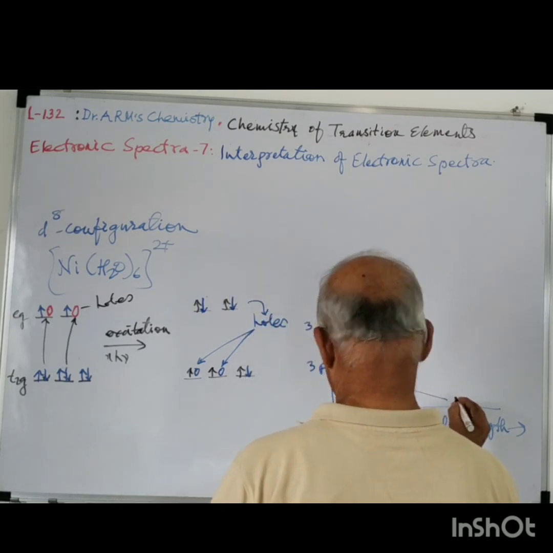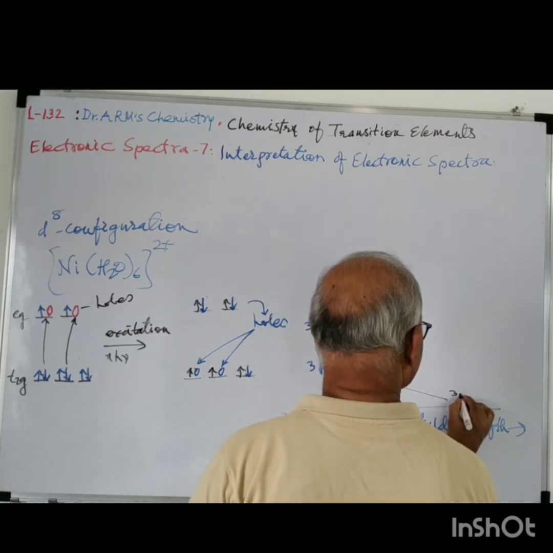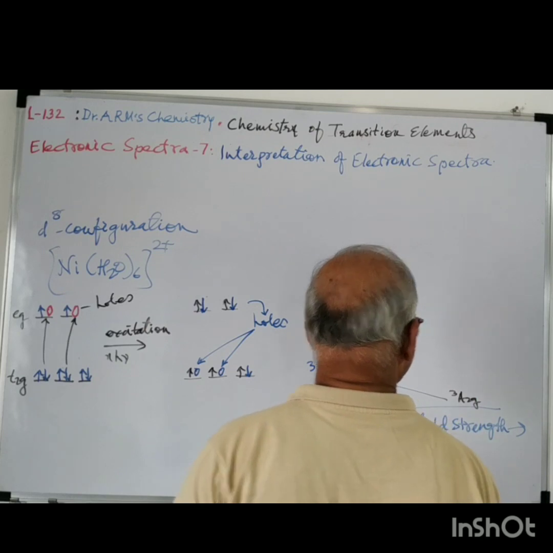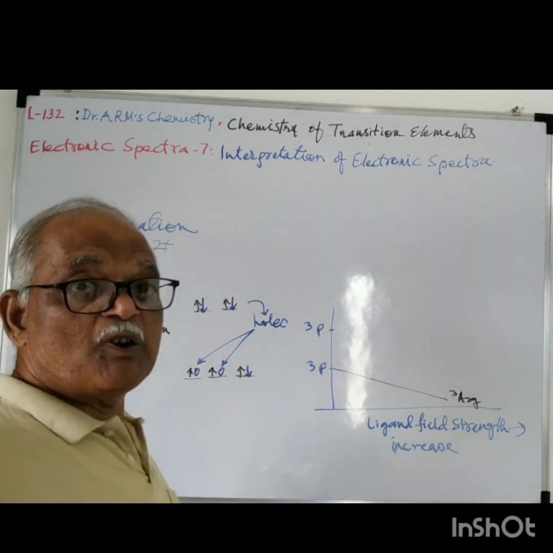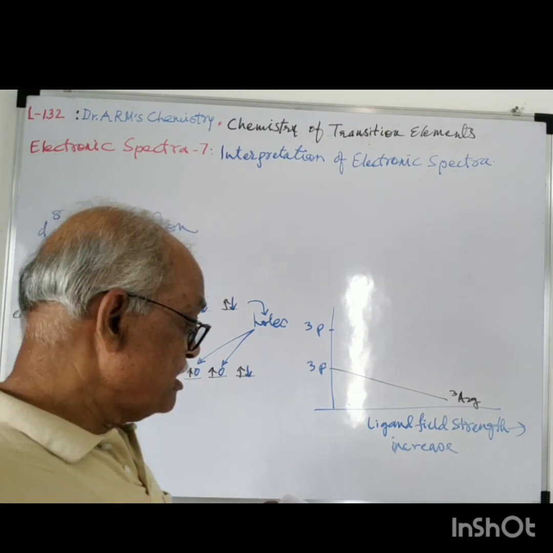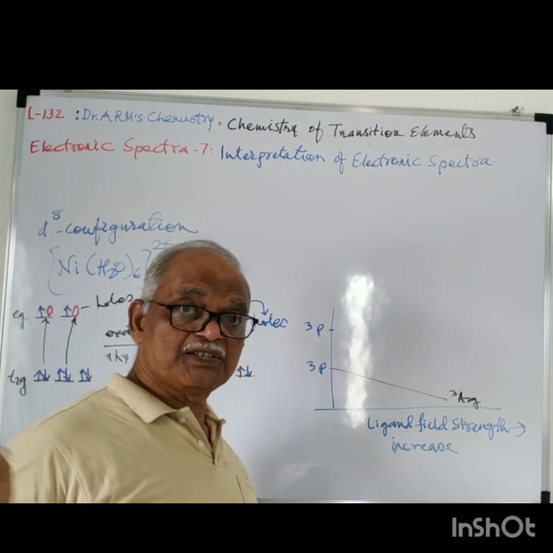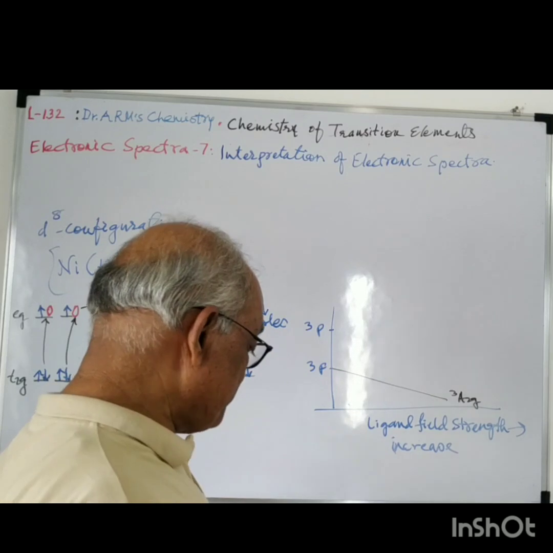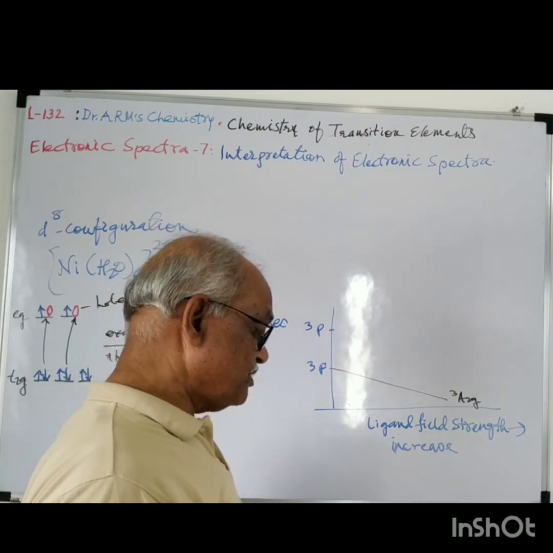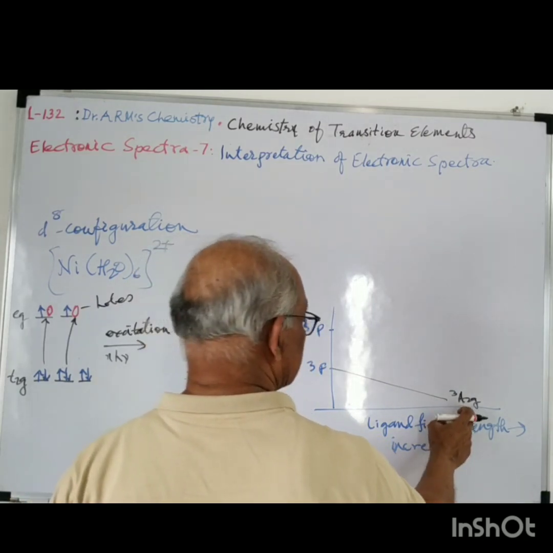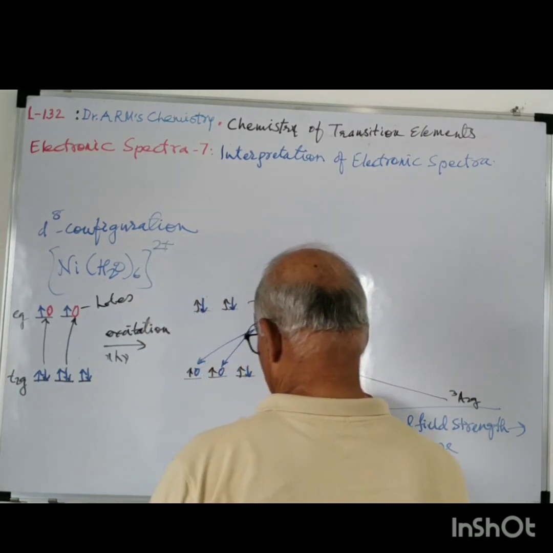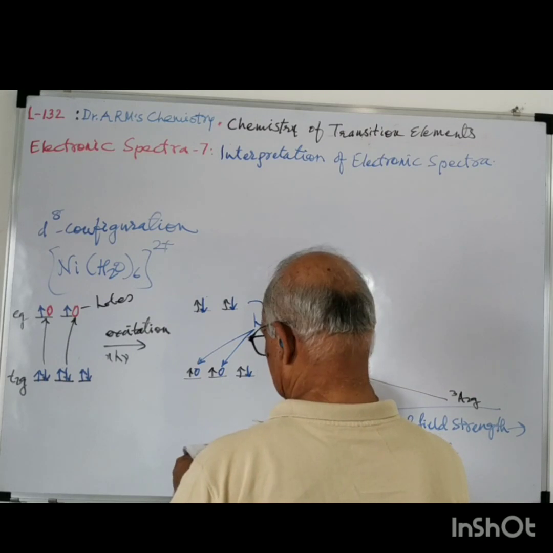So this is the triplet A2G. If we see the previous diagram for our D2 configuration in case of vanadium, you will find that here this state is different, that is inverted.